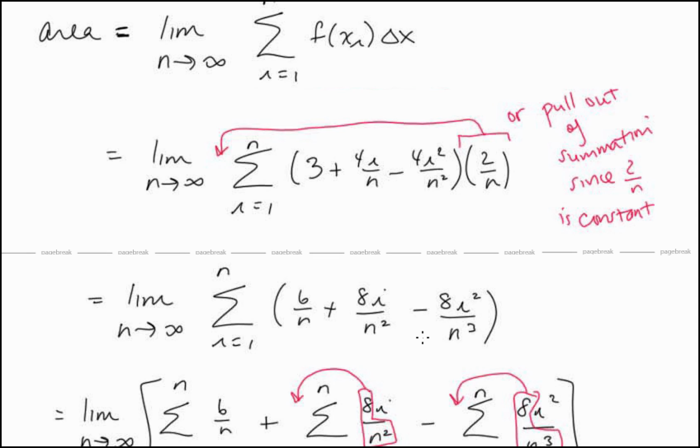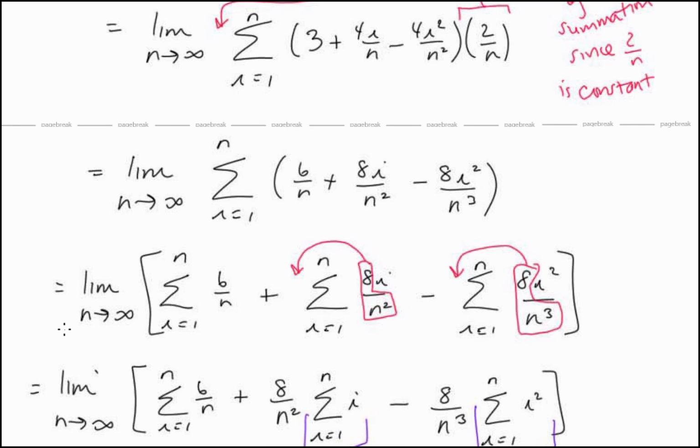Now, in order to use the formulas that we have for summations, we want to separate this into 3 separate sums. So the limit as n goes to infinity stays outside of everything, so we've got big brackets here. And we have the summation as i goes from 1 to n of 6 over n, plus the summation 8i over n squared, minus the summation 8i squared over n to the third.